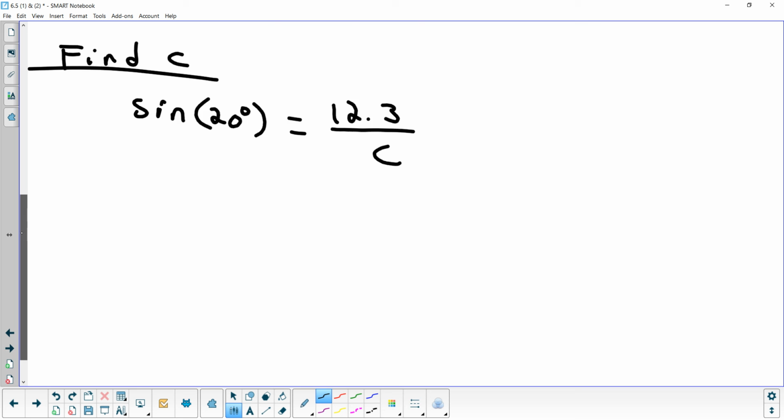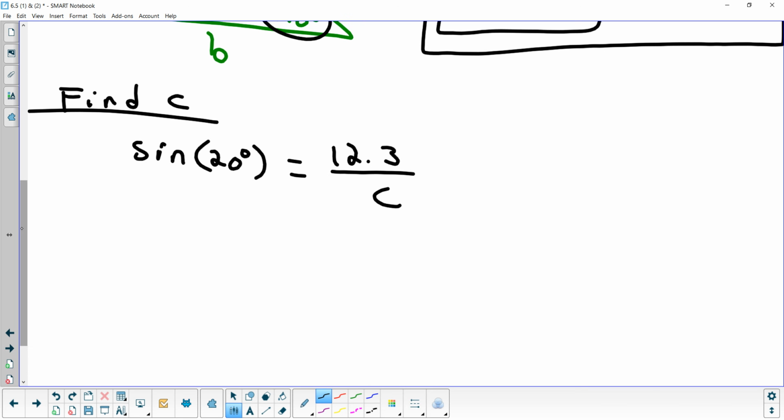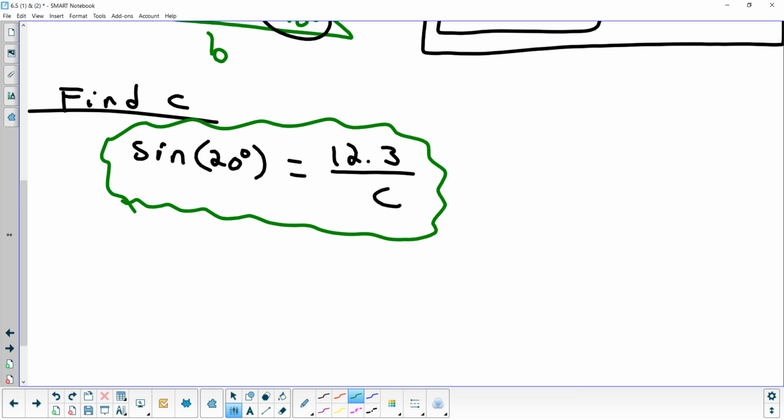Well, that's okay. So the first thing we would want to do is to try to just get rid of this fraction. What's making that a fraction is this division by C. How do you undo division by C? What would you do? Multiply by C. I'm going to put a box around this just so you remember what we started with.